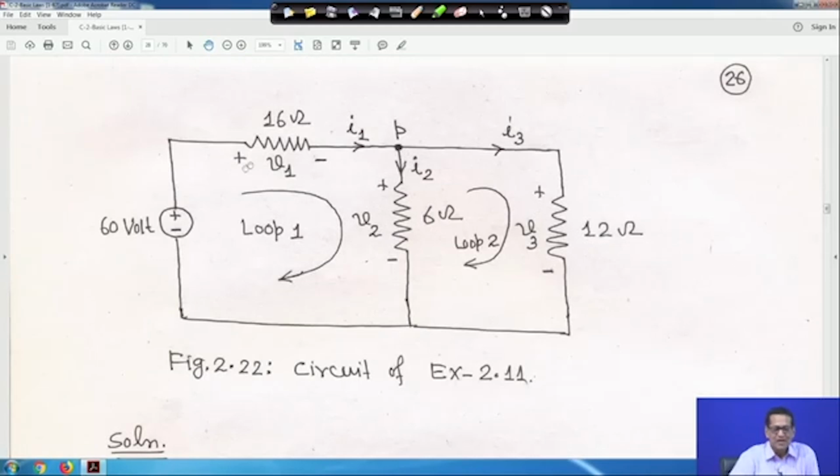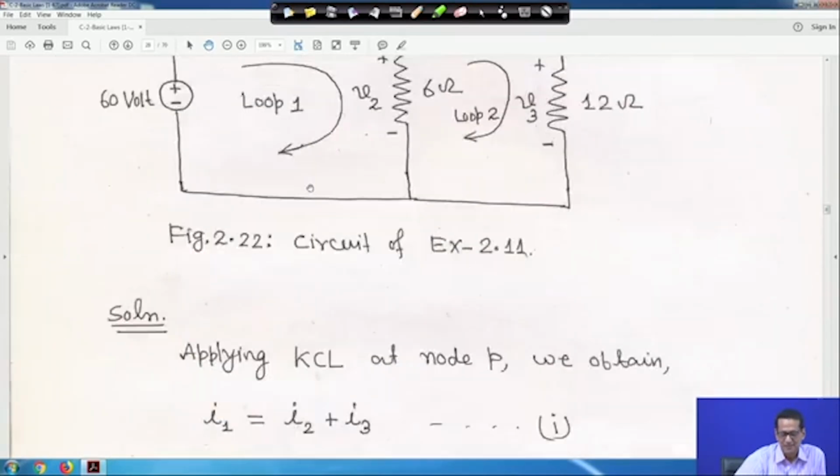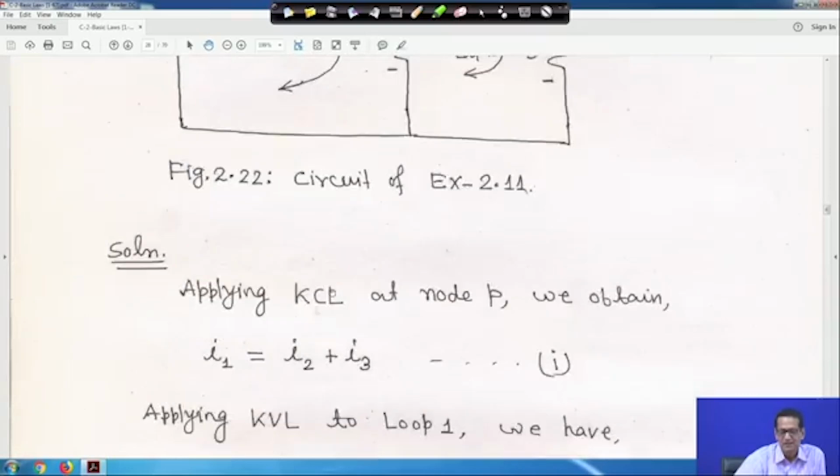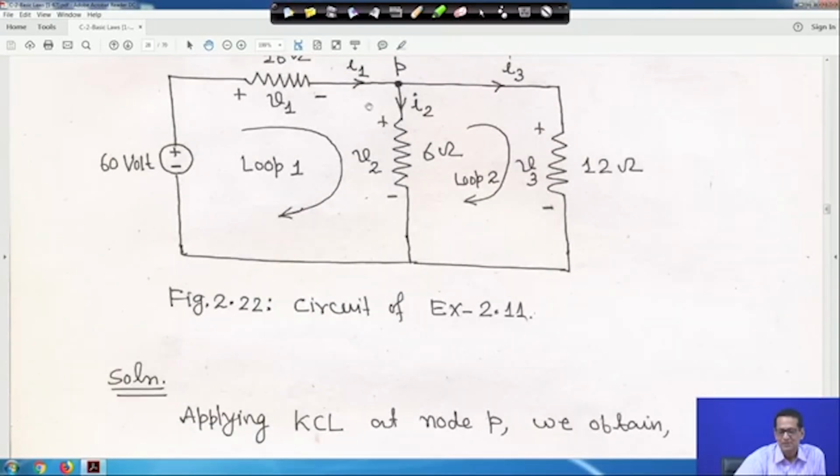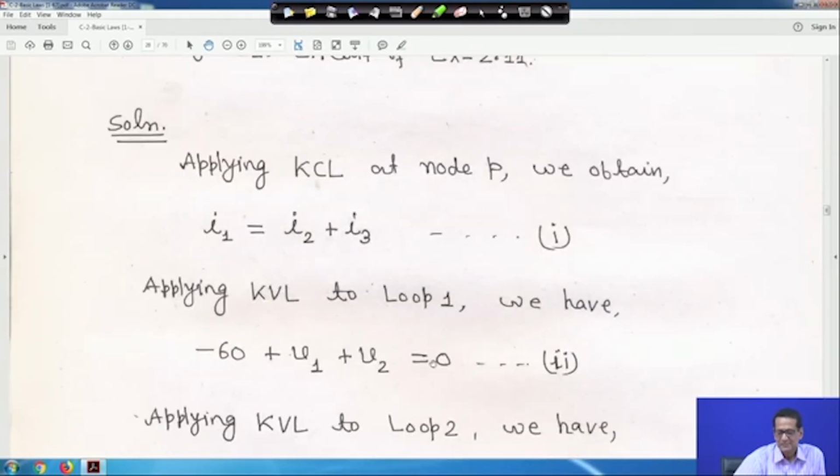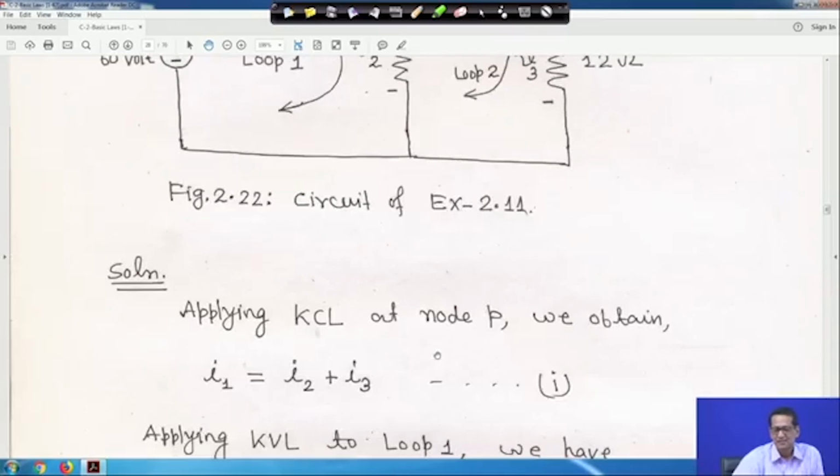Then it is plus V1, since moving clockwise we encounter the plus terminal first. I am not showing again and again with blue ink, so it is understandable now. And here also, when you move in this loop, the plus terminal is encountered, so plus V2 is equal to 0.